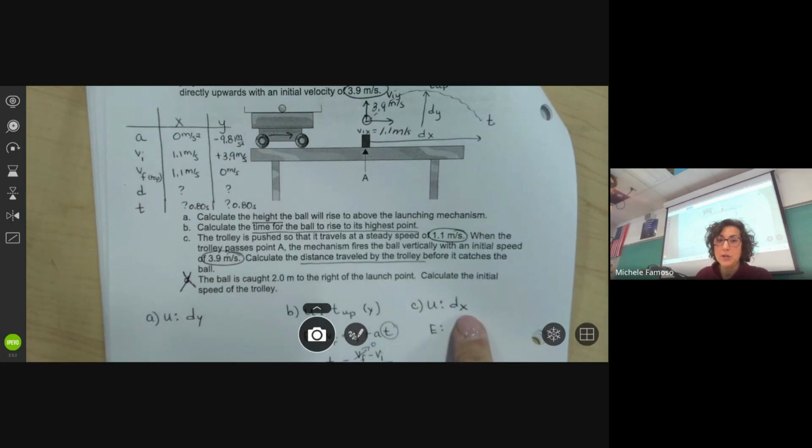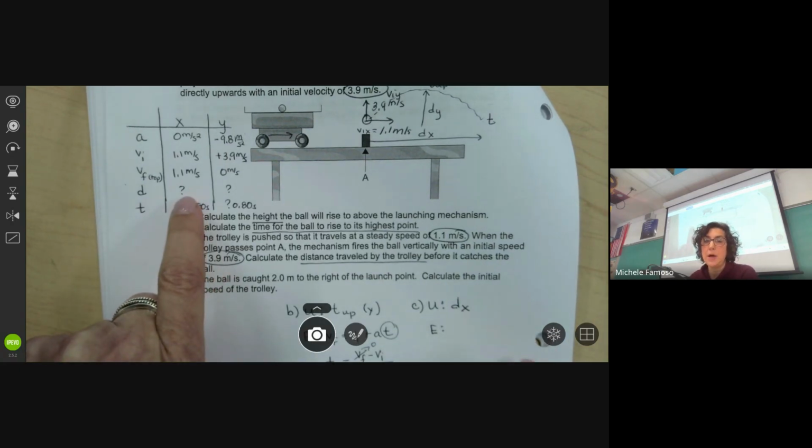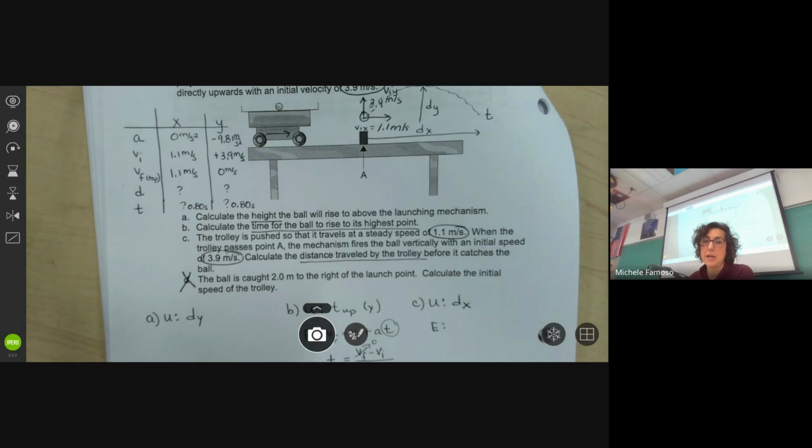Now we're going to get the range, the D in the X direction, this unknown arrow or question mark right here. Hudson, can you give me an equation I can use in the X direction to get the D?